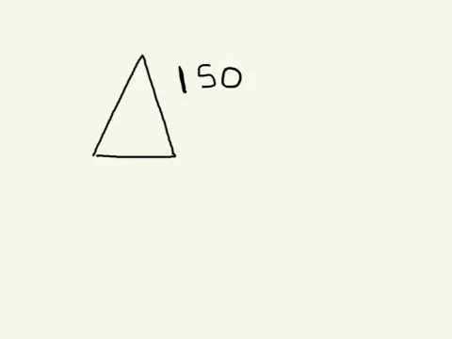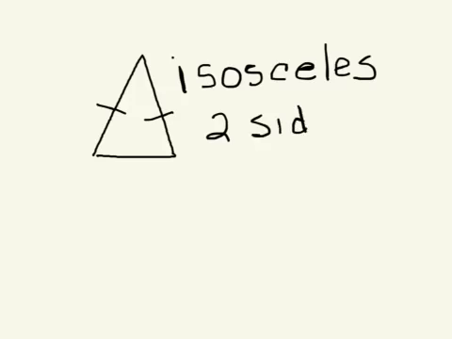All right, next we're going to talk about an isosceles triangle. An isosceles triangle has at least two sides of equal length.